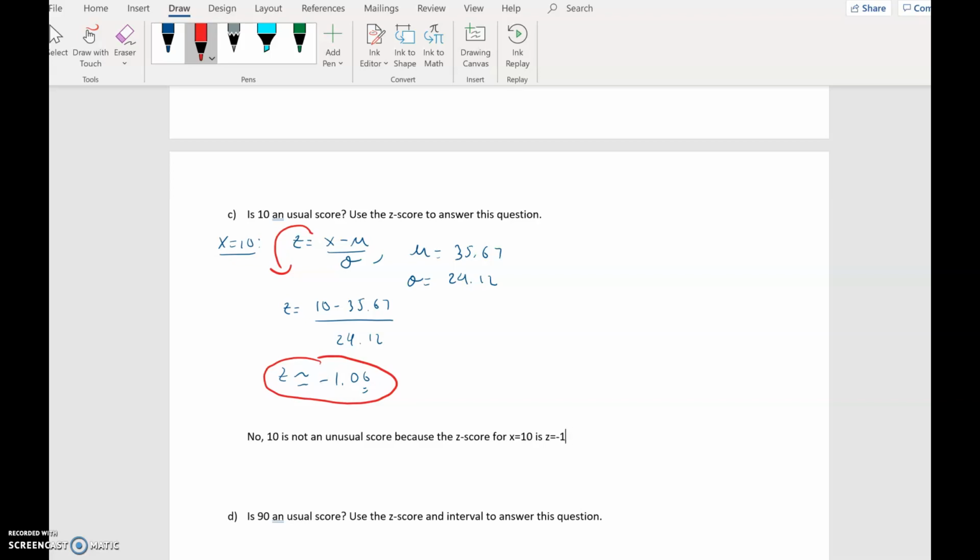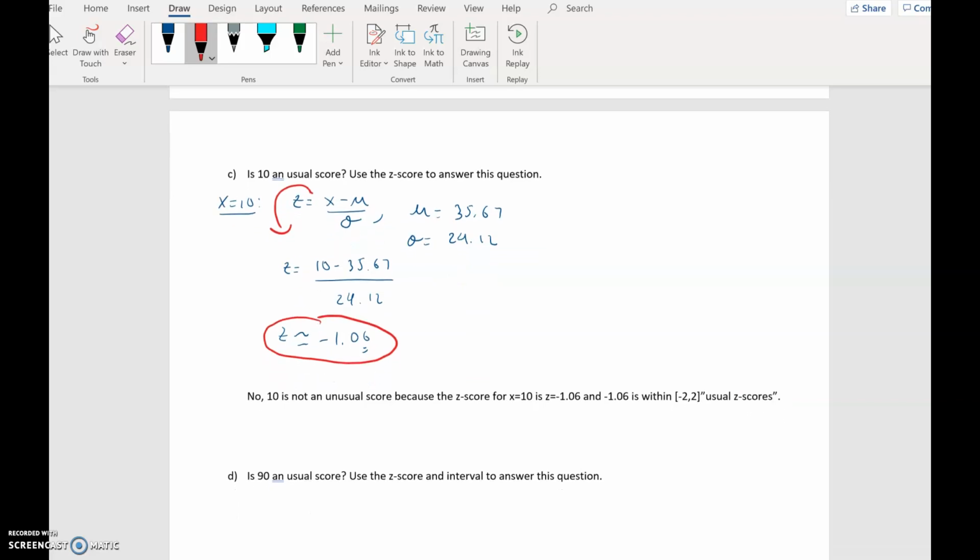Wait, it's supposed to be -1.06, and -1.06 is within the z-scores of -2 to 2. And this represents usual z-scores. Okay. In this case, this happens to be our main answer.